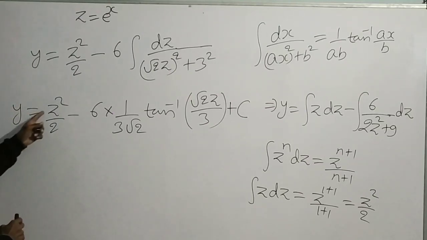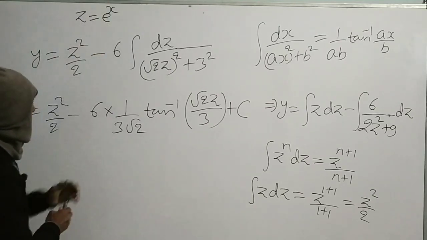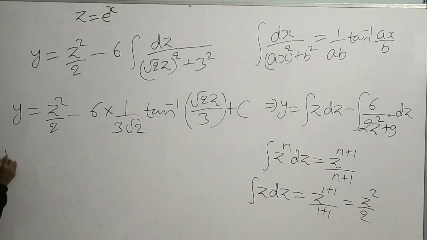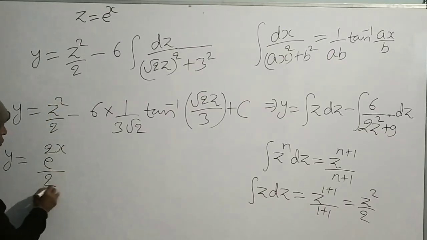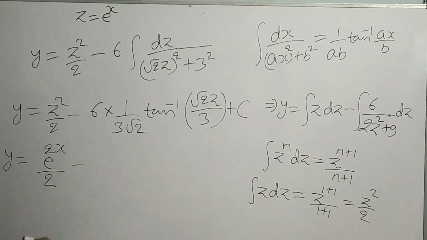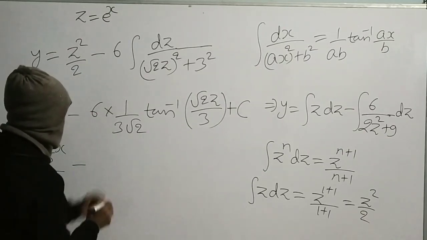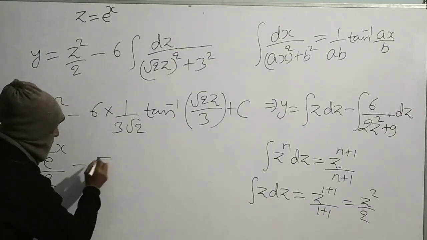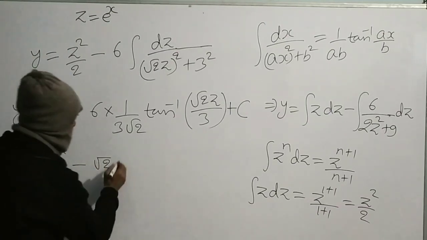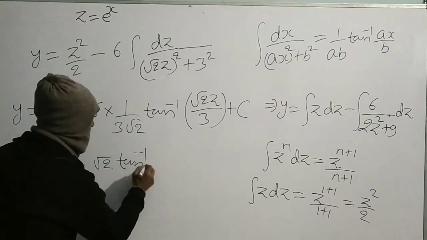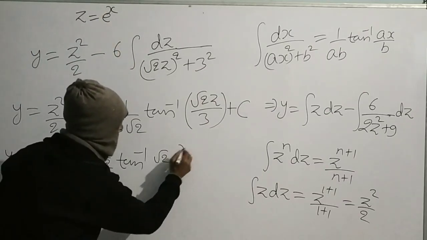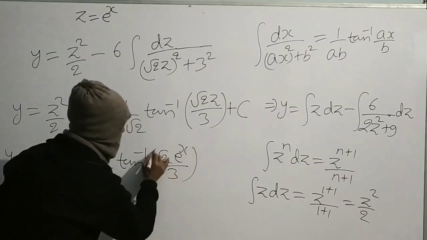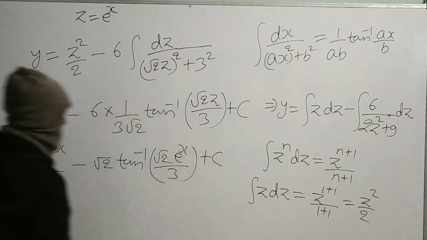Therefore, in place of z, when we put e to the power x, we get y is equal to e to the power x square, which means e to the power 2x by 2, minus 6 divided by 3 root 2, we will leave root 2, tan inverse root 2z, which means e to the power x by 3, plus c.